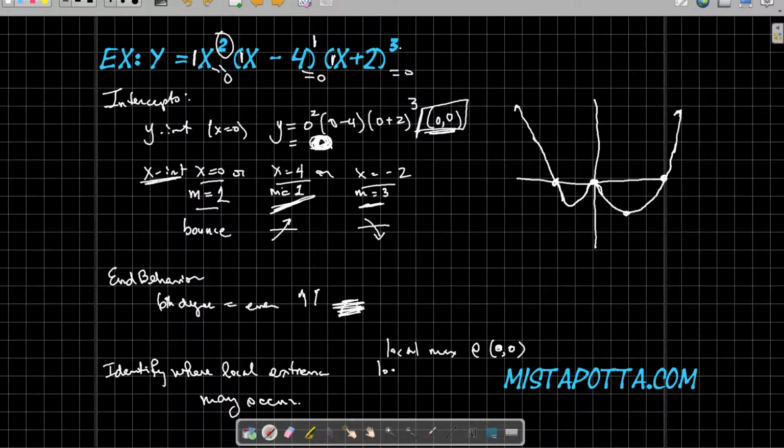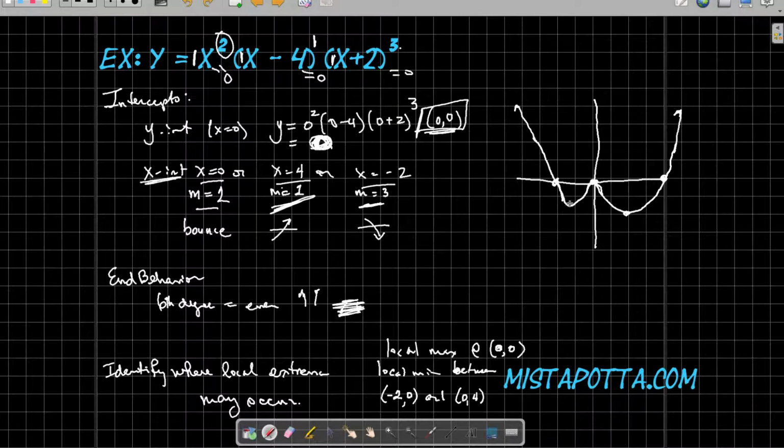and a local min somewhere in the interval from negative 2 to 0, and between 0 and 4. Now, at this point, I really can't get any more specific than that.